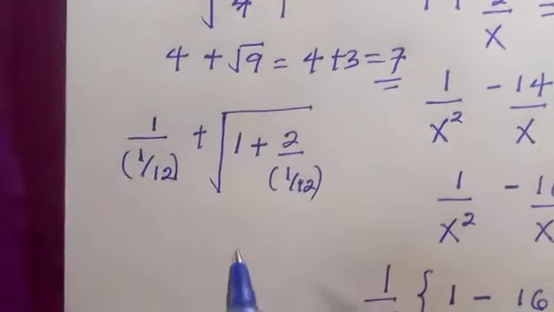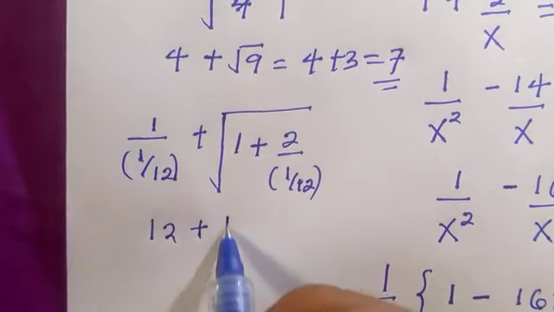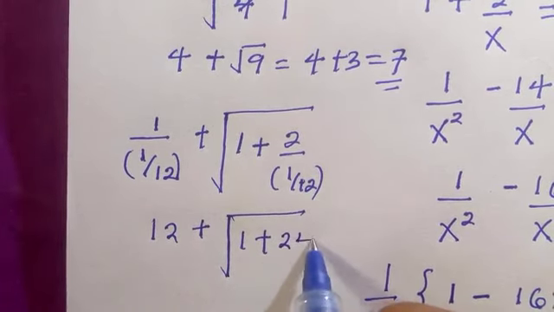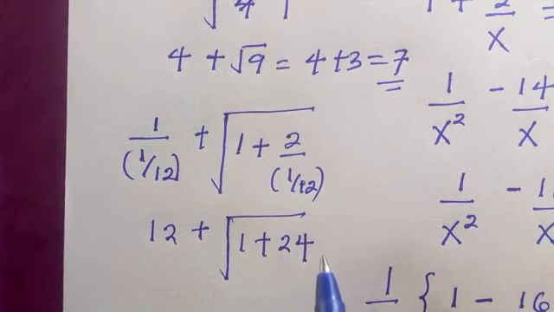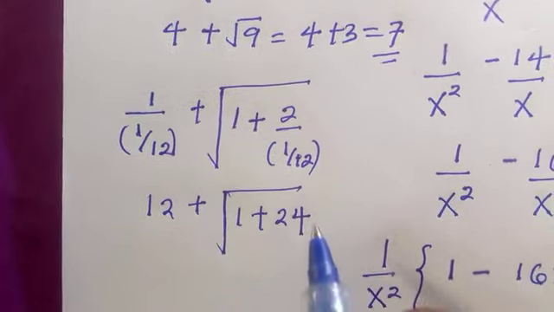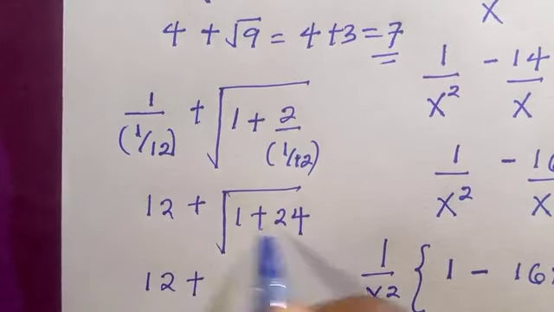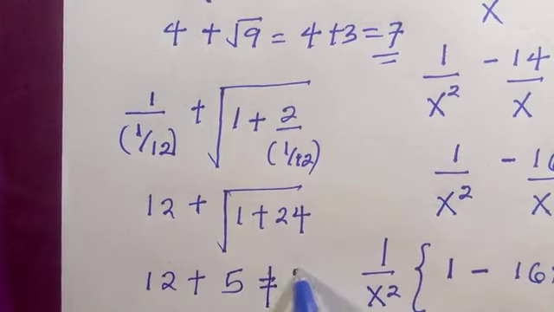So from the first one here, 1 divided by 1 over 12 is still 12, plus the root of 1 plus, so 12 multiplied by 2, that is 24 divided by 1, so it's still 24. And the entire of this becomes 12 plus root 25, which is 5. And this one is not equal to 7.